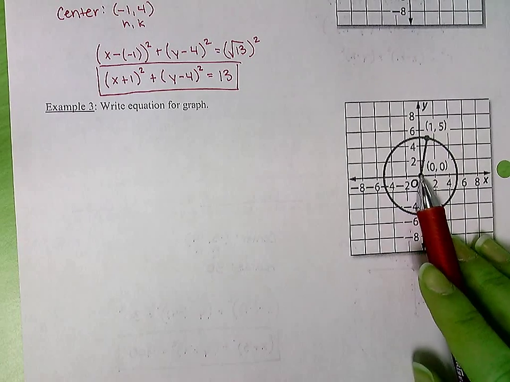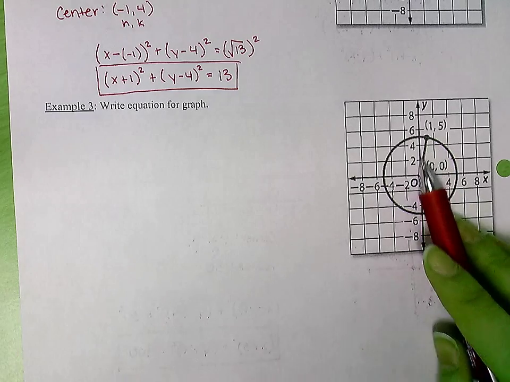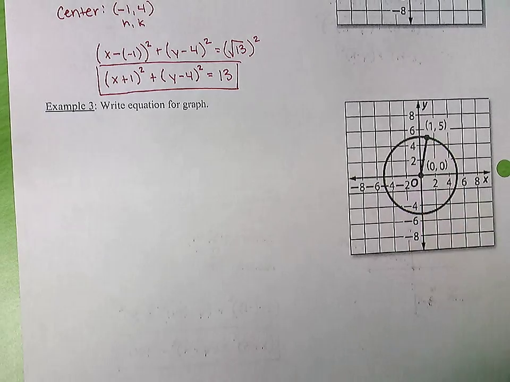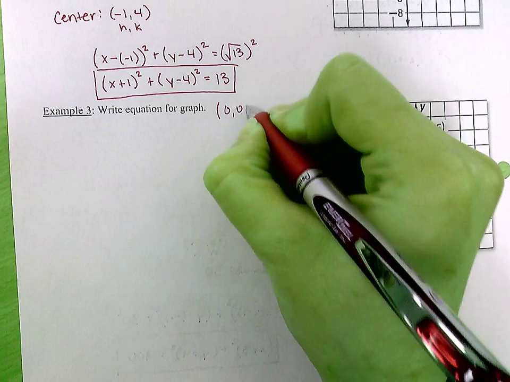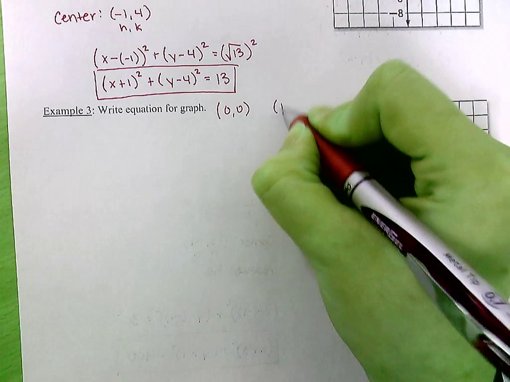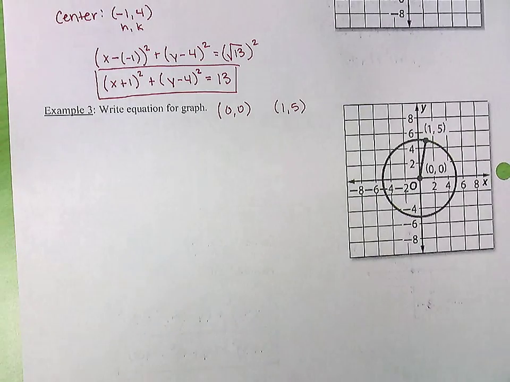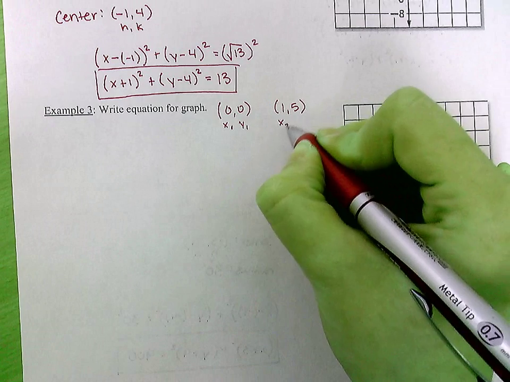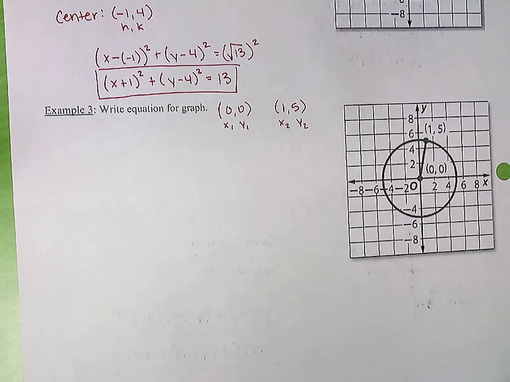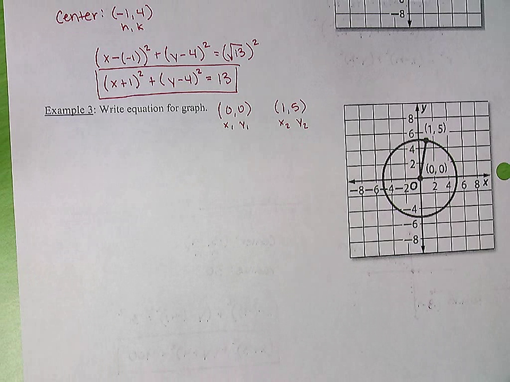Again, we need to find the distance of that radius. Off to the side, I can write out my points. I have 0, 0, and 1, 5. I have x sub 1 and y sub 1, x sub 2 and y sub 2. I'm just labeling those so that I can put them into the distance formula.